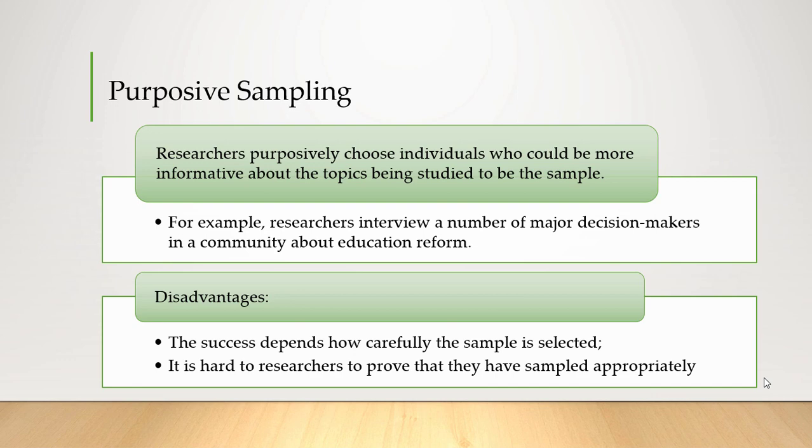For example, a researcher interviewed principals of Shelby County schools about educational reform. The success of studies using purposive sampling depends on how carefully the researchers select the sample. Ironically, in most cases, researchers do not have evidence to show that they have sampled appropriately.